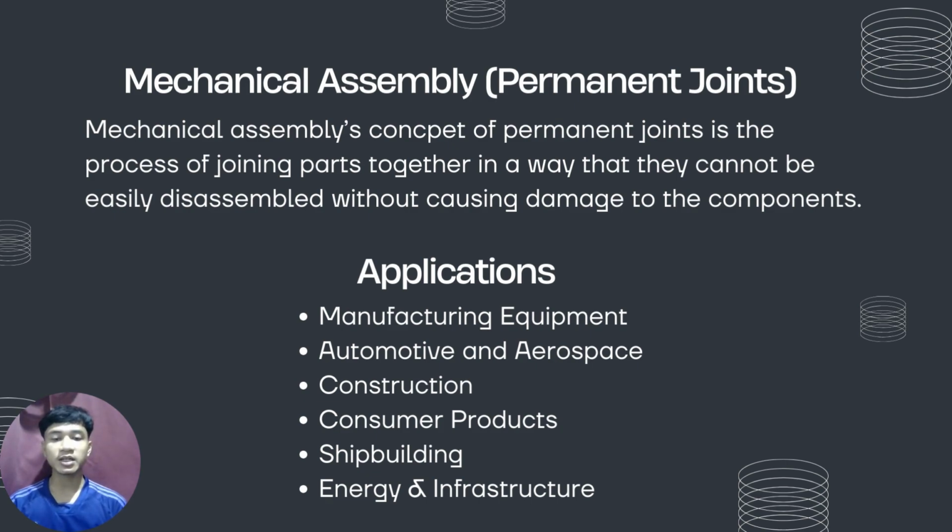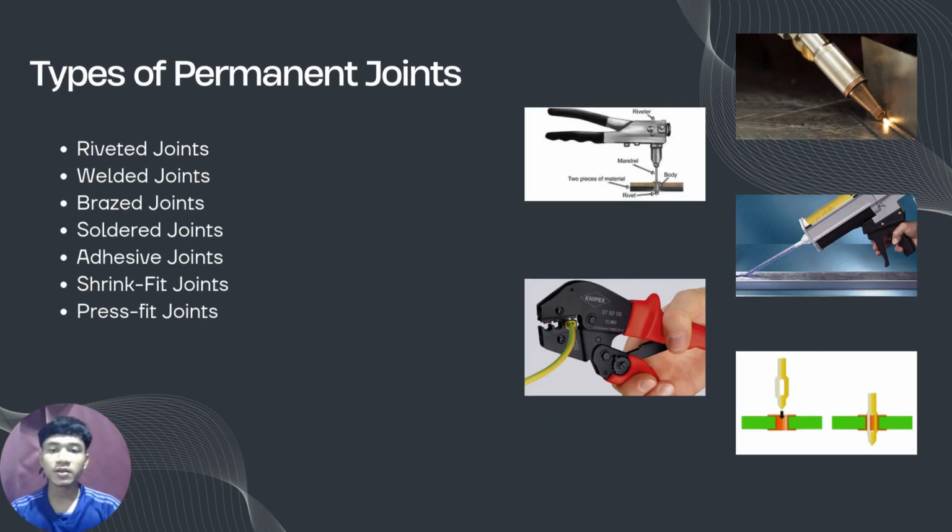It is applied in manufacturing equipment, automotive and aerospace, construction, consumer products, shipbuilding, and lastly energy and infrastructure. These are the types of permanent joint: riveted joint, welded joint, brazed joint, soldered, adhesive, shrink fit, and press fit joint.